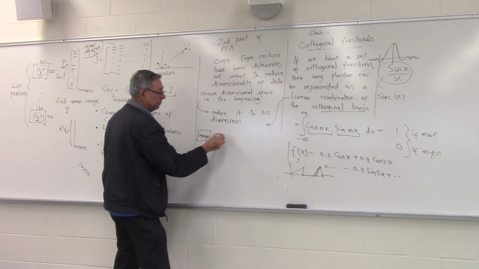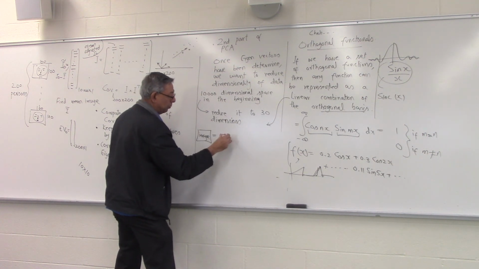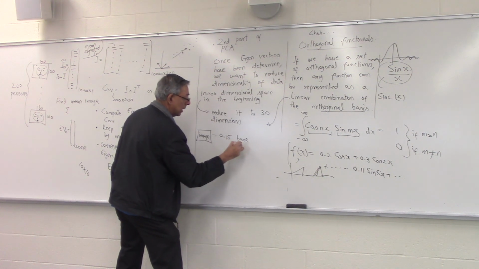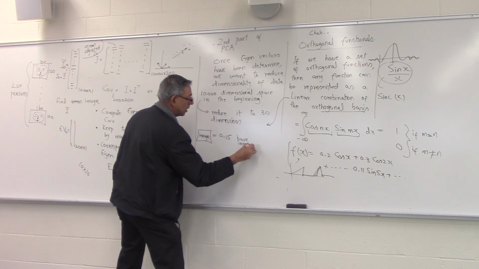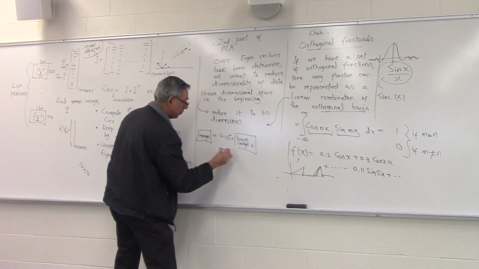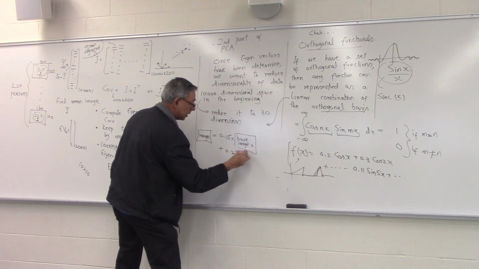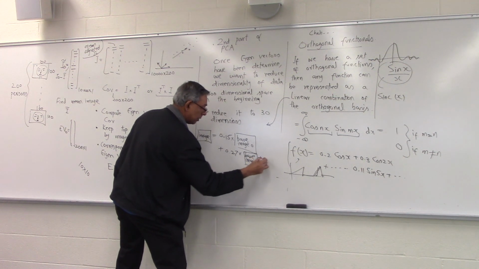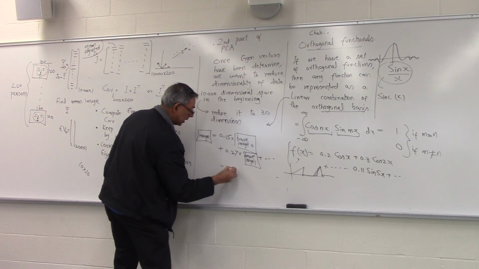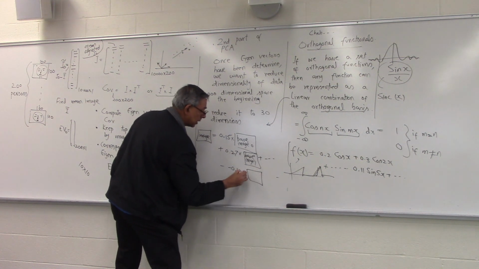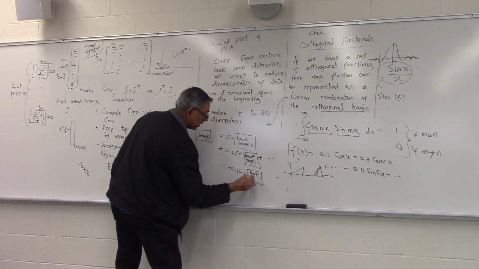A linear combination, for example, some coefficient 0.15 times base image 0 plus 0.27 times base image 1 plus, whatever, 12 times base image n.